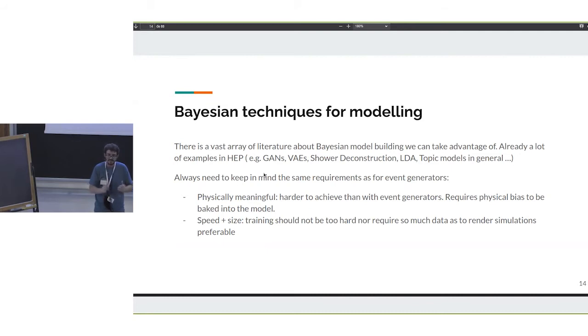The model has to be expressive enough, but also we have to be able to run inference on the model. And this inference should be fast enough, and small enough in storage size, so it's still preferable to the use of simulators. So we need a Bayesian model that is both meaningful but also convenient. And this is the balance that you usually have to strike with these kinds of methods.